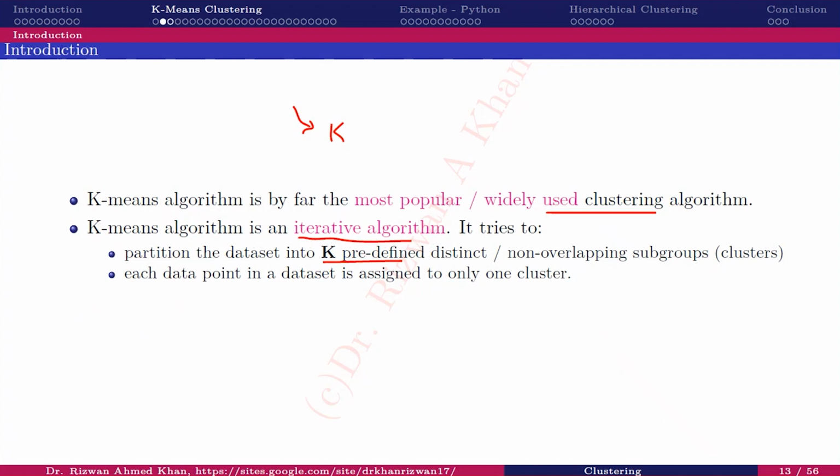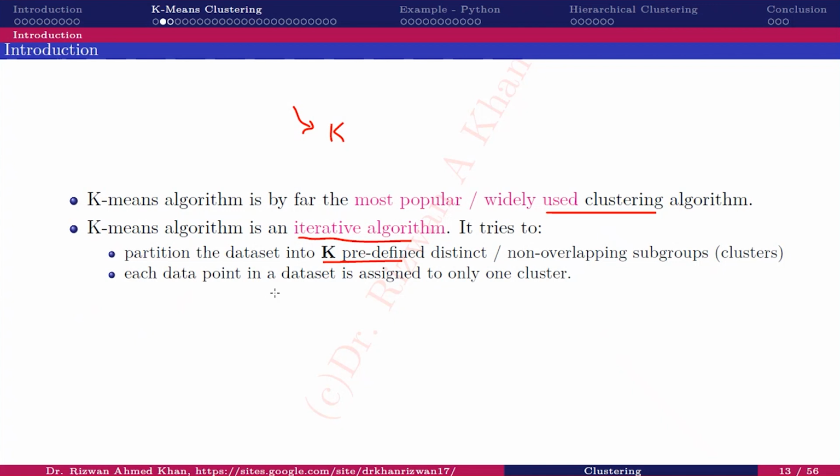There are certain techniques through which we can find the right number of clusters. But if from domain knowledge we already know how many clusters there are in the data, then we will provide exactly that to the K-means algorithm.